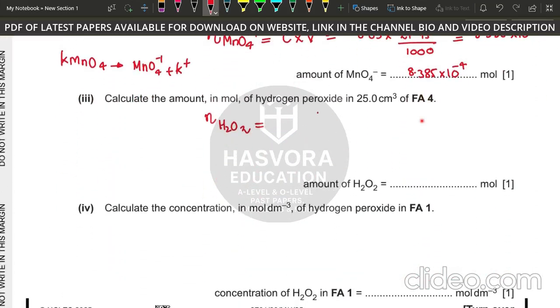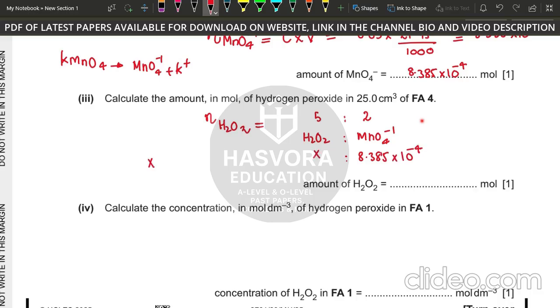Okay, so the ratio of hydrogen peroxide to manganate ions is 5:2. The manganate ions are 8.385 × 10^-4, and this is going to be x.